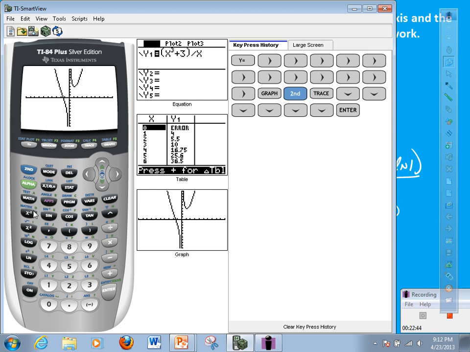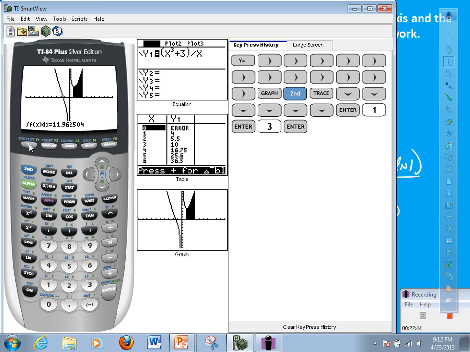I want my lower limit to be 1, so 1, enter. And I want my upper limit to be 3, so 3, enter. Look what it's going to do for you guys. It's going to color in what you should see, and it's going to give you the answer. Happy birthday to you. So that's why I'm having you show me that first number and that other number.